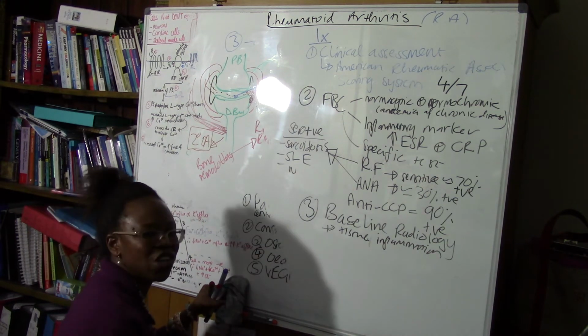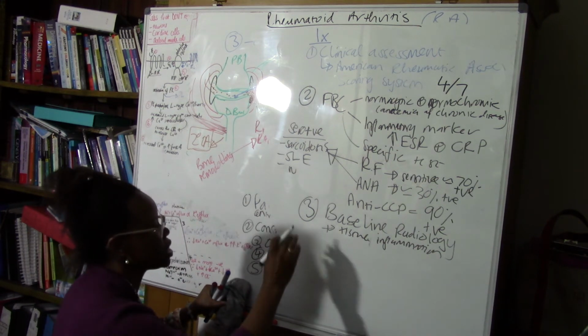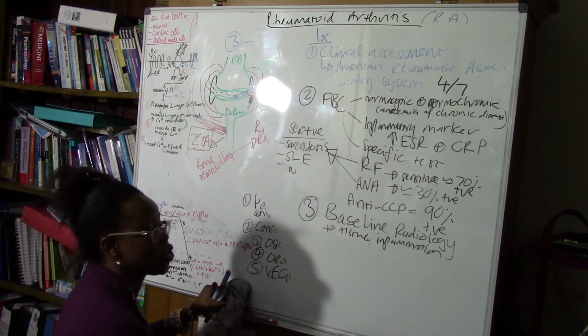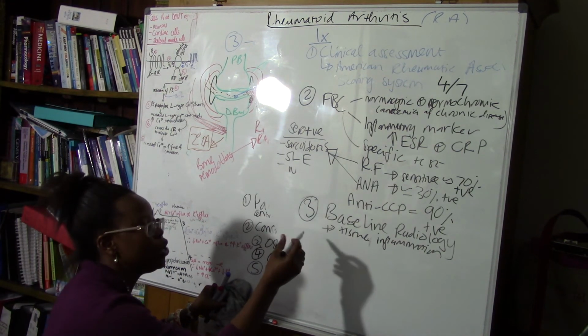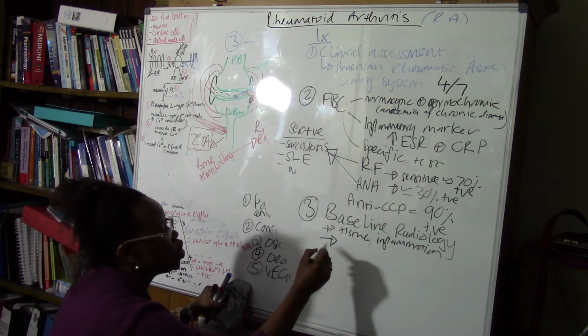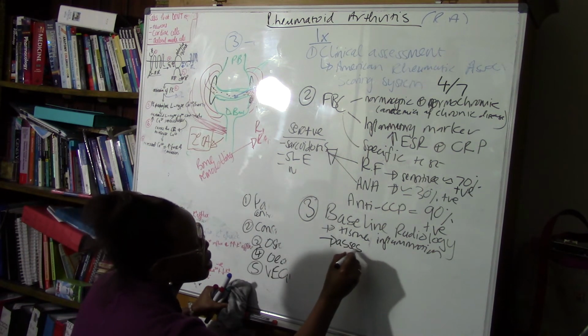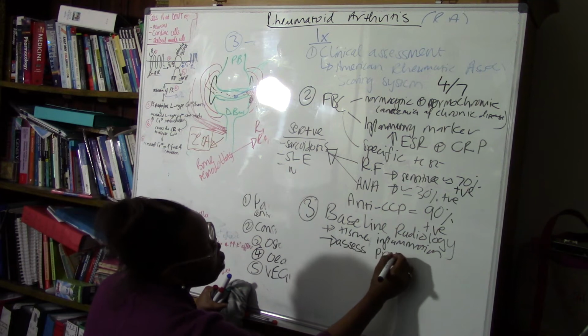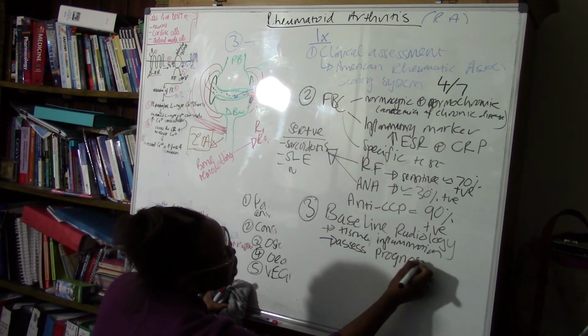So the baseline radiology might not show anything. However, it is good to have that baseline radiology because it will be used in later stages to assess prognosis. So it's quite important to do it, really.